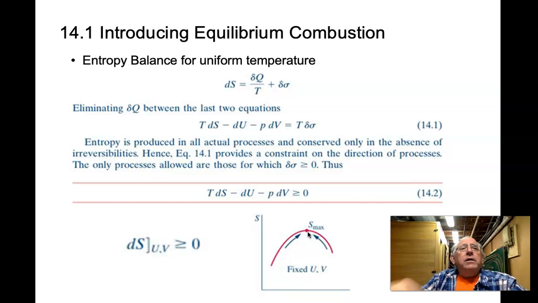Now, up to this point in chapter 13, we typically would solve the first law, and the first law told us that the temperature associated with the products based on its volume and the various components would be a given. And we never said much about entropy in chapter 13, except for determining how much entropy changed.